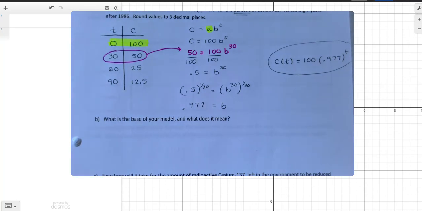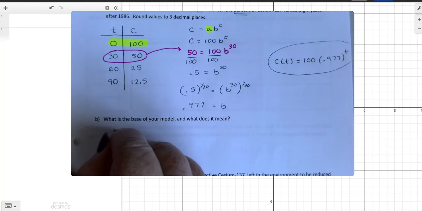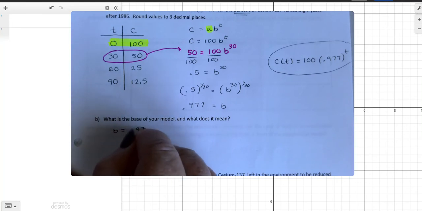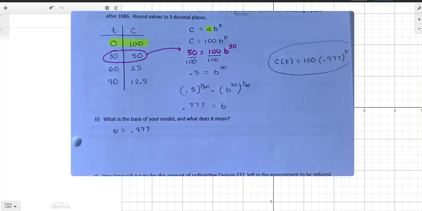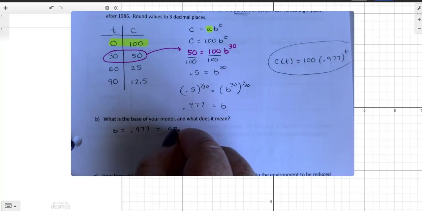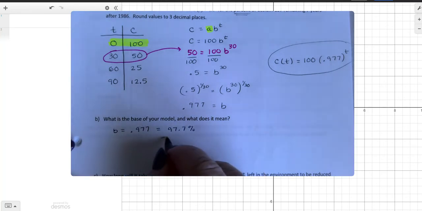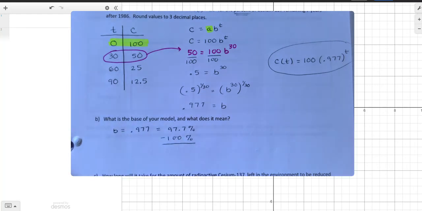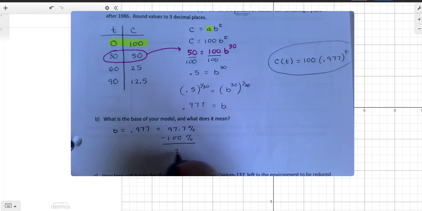All right, our base was 0.977. And I want to interpret that as the relative rate of change. So that'd be 97.7%. Now I have to take back out the 100% that I started with. And that leaves me with negative 2.3%.